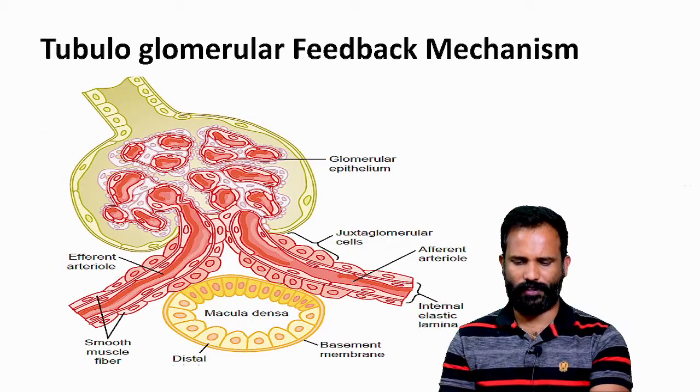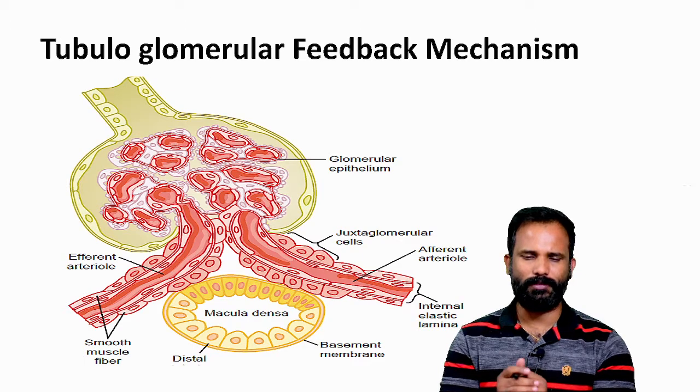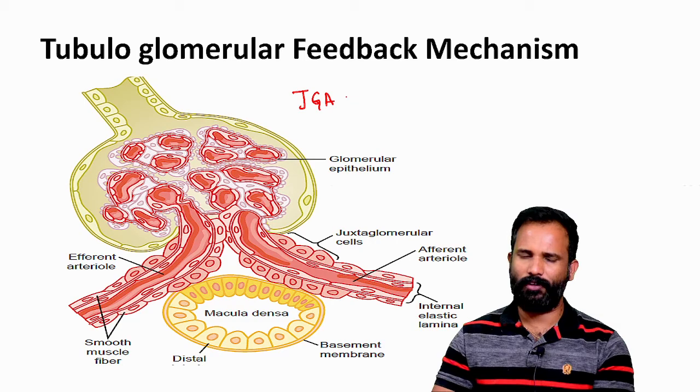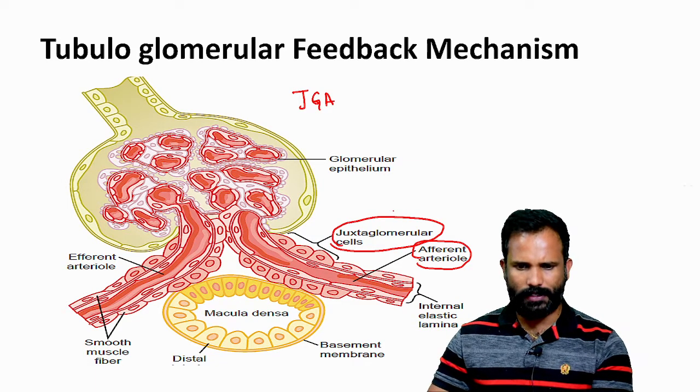And the other mechanism, the tubuloglomerular feedback mechanism, is mainly based on the juxtaglomerular apparatus. We know that in the juxtaglomerular apparatus, the afferent arteriole's epithelium is modified into juxtaglomerular cells which secrete renin.